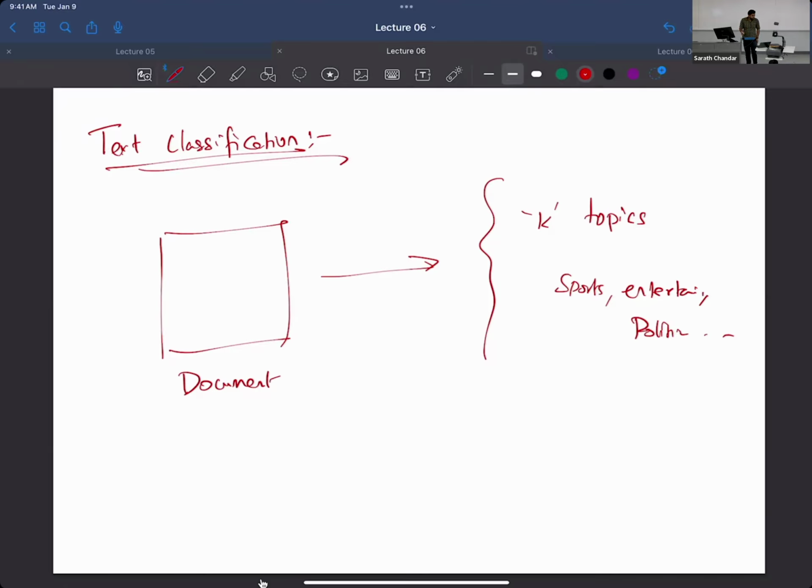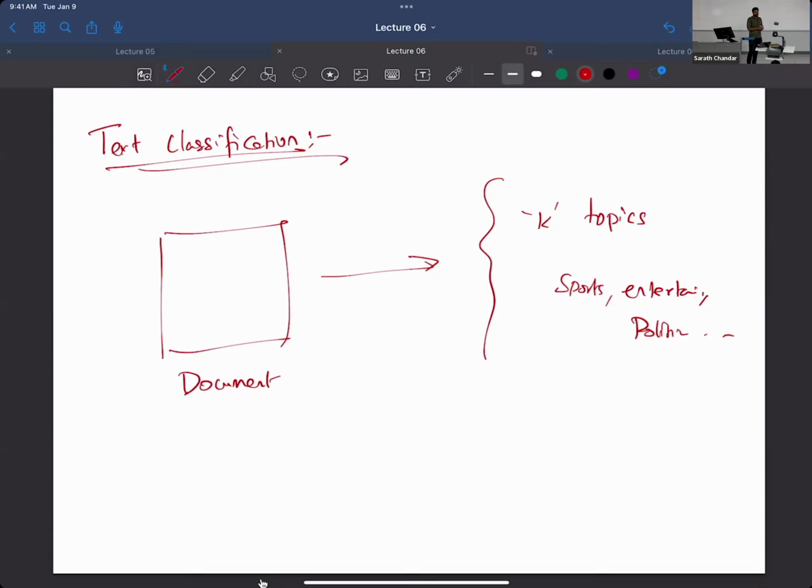Now, I think in the past we have seen simple classification problems, where you were given a bunch of features and you are interested in classifying the input X. So here your input is a document. How can we represent documents?